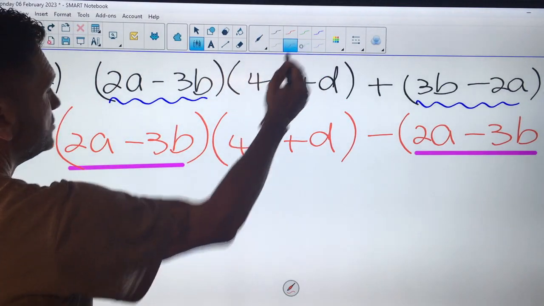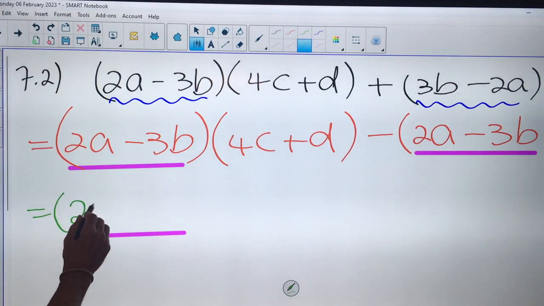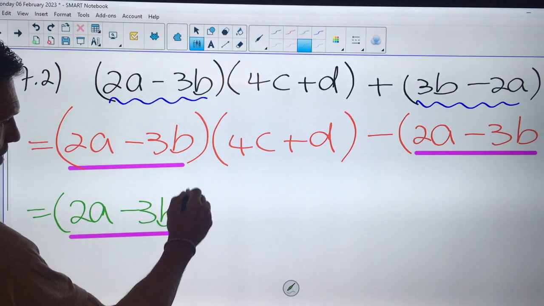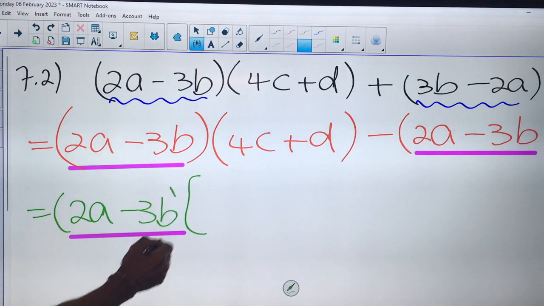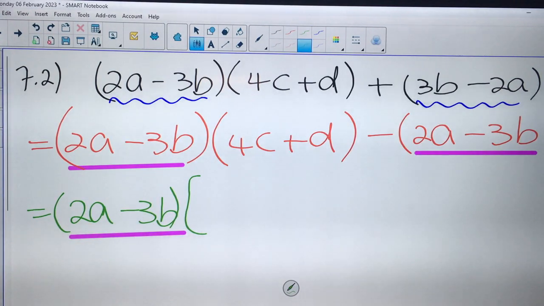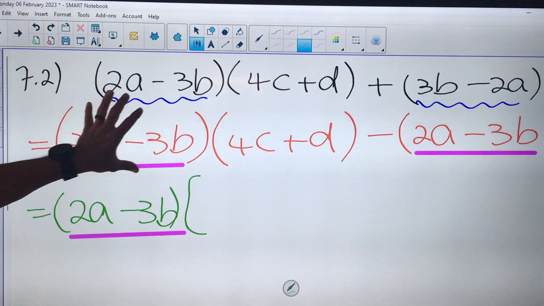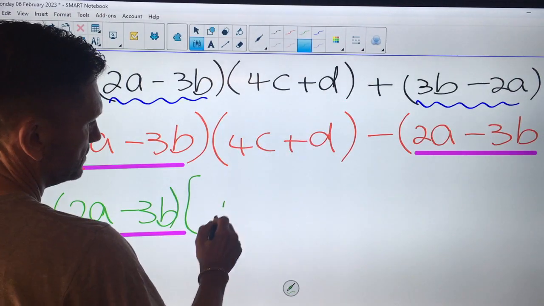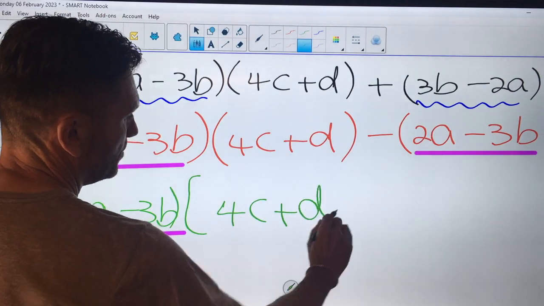So that bracket goes here. And then a new bracket starts. If I remove this first one here, this bracket is still here. So 4c plus d is still there.